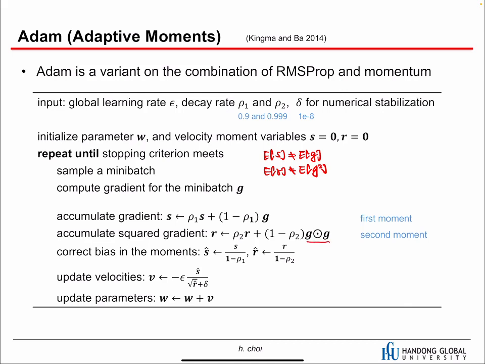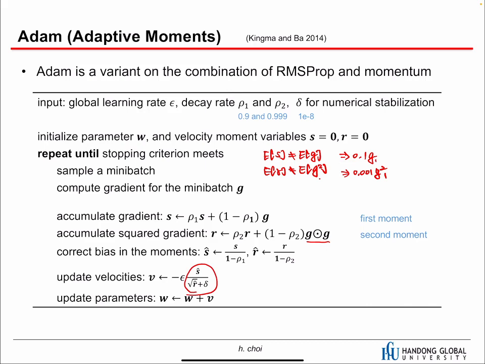Let's say this one is g squared here, and then the expectation should be the same, but that's not the case, because in the beginning of the training process, s and r were initialized as zeros. So in the beginning, s is quite small. s is 0.1 g1, the first gradient, and r is 0.001 g1 squared. So this is quite a small number, and it is changing a lot.